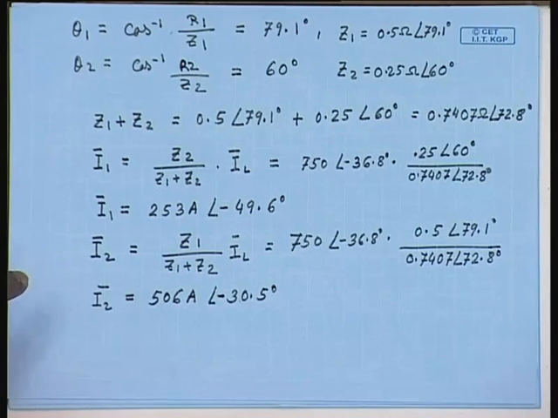Therefore, their phasor sum, instead of being 759 ampere, it is just 750 ampere. So, that is what happens, that if the angles of the series impedance are not same, the total current that you can supply reduces.